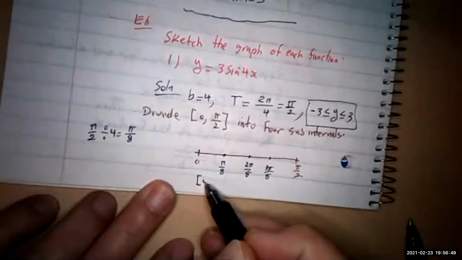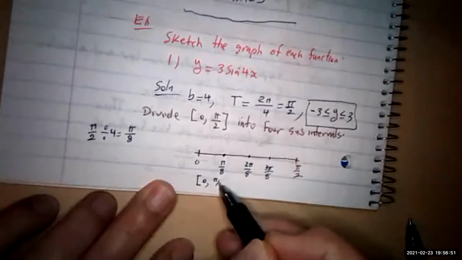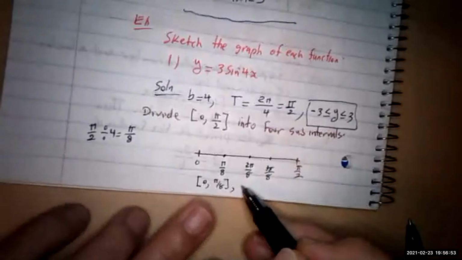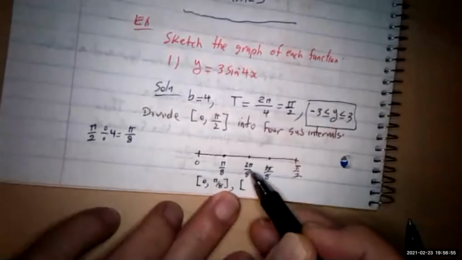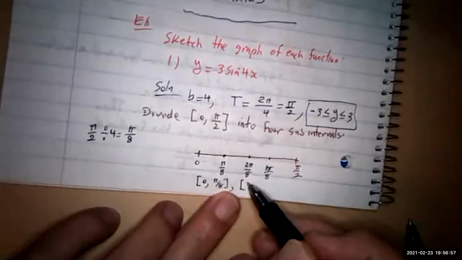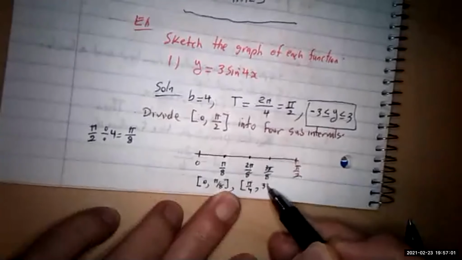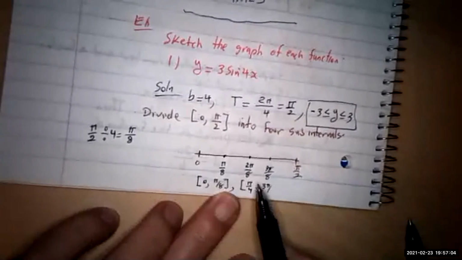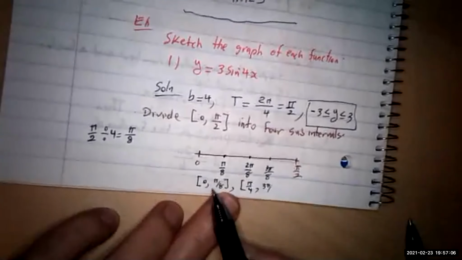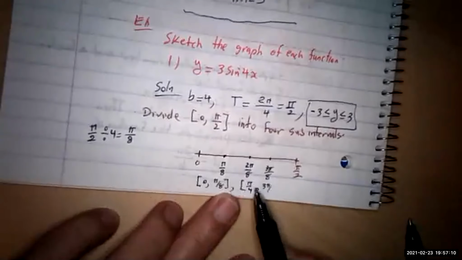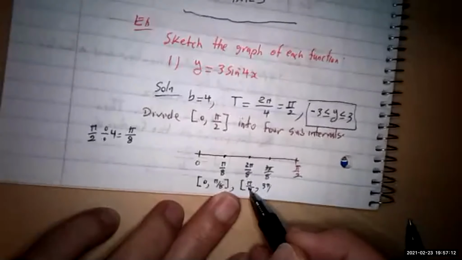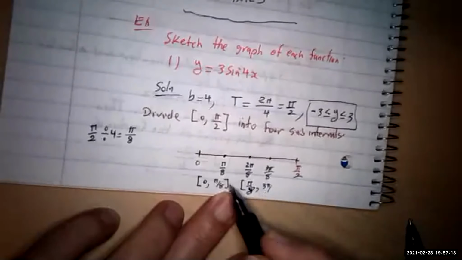See, this gives you 0 and pi/8. That gives you 2 pi/8, which you can write, but you simplify it. That gives pi/4. Pi/4 and 3 pi/8. Oh, I'm sorry, I missed one of them. Yes, I missed one of them. 0 to pi/8, pi/8 and the 2 pi/8.